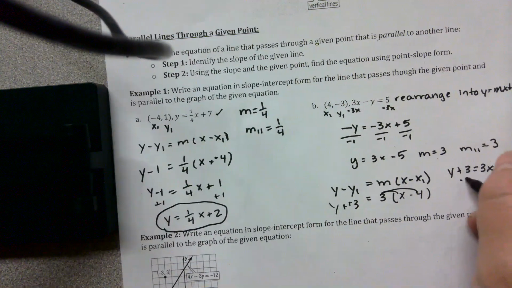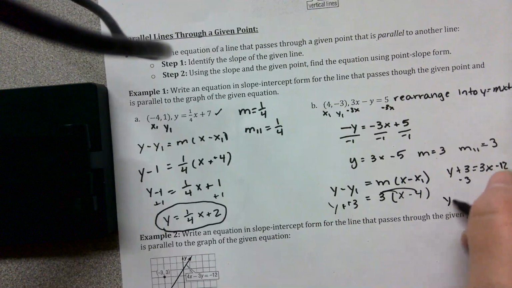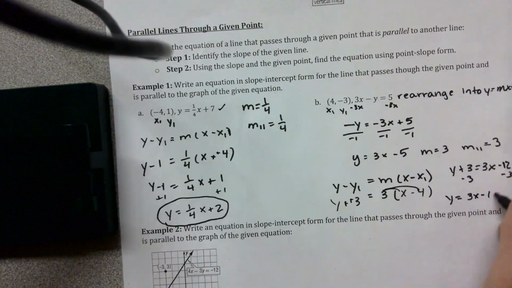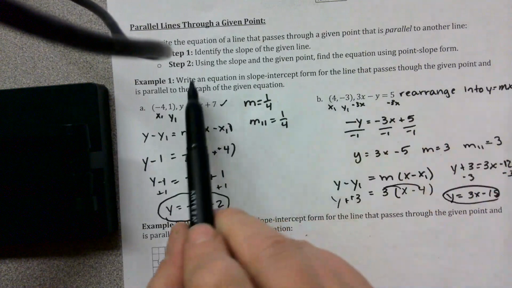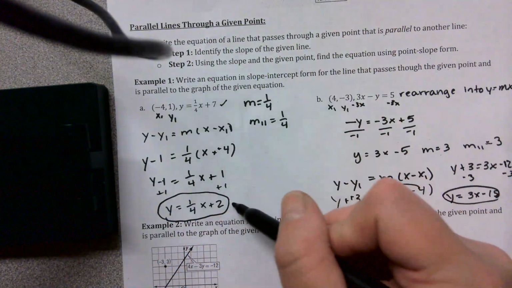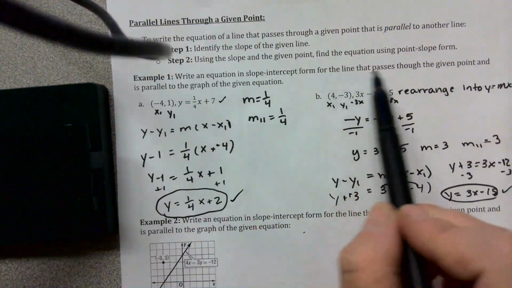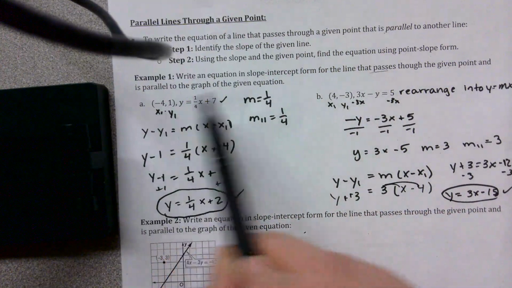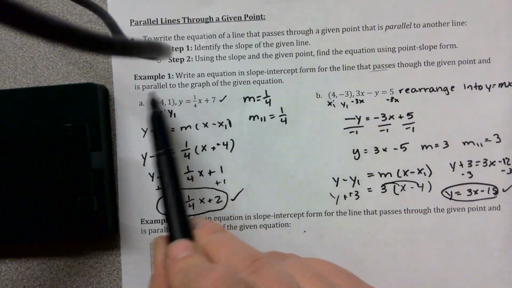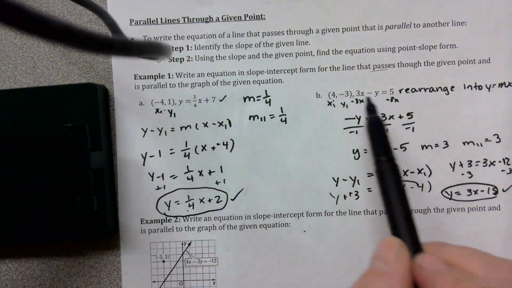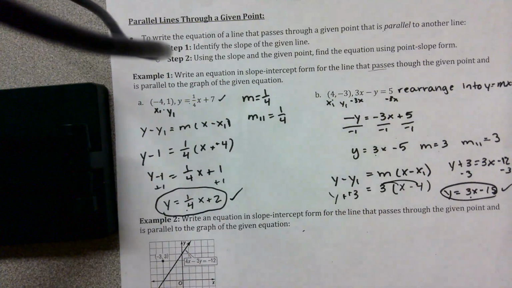And we're going to subtract 3 on both sides. And so my final equation is this. So write an equation in slope-intercept form. Check, check. It passes through the given points. Boom, boom. And it's parallel. Same slope, same slope.